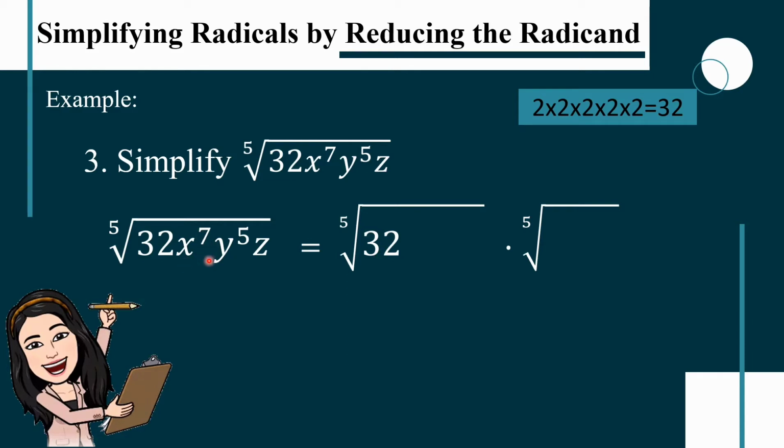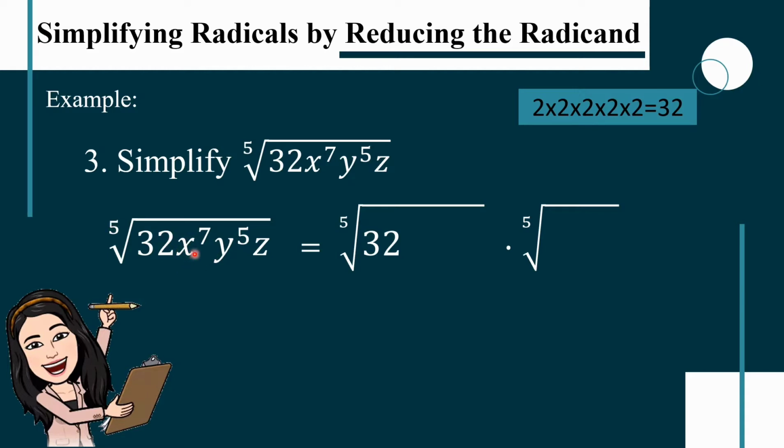Ma'am, paano ba natin kinukuha or malaman if perfect nth root or perfect fifth root ang ating variable? Tingnan lang po natin yung kanyang power. Since ang power nito ay 7, if it is divisible by the index, or kaya nating i-divide sa index, so therefore, perfect nth root siya.